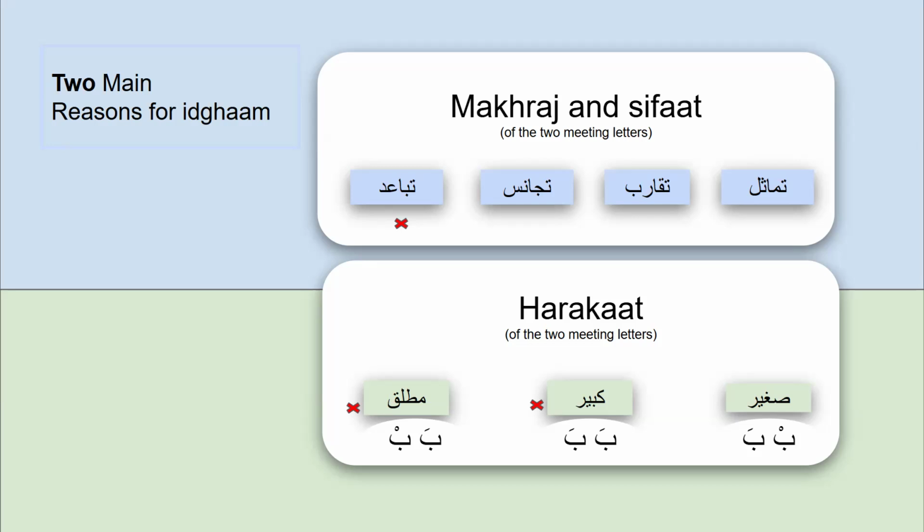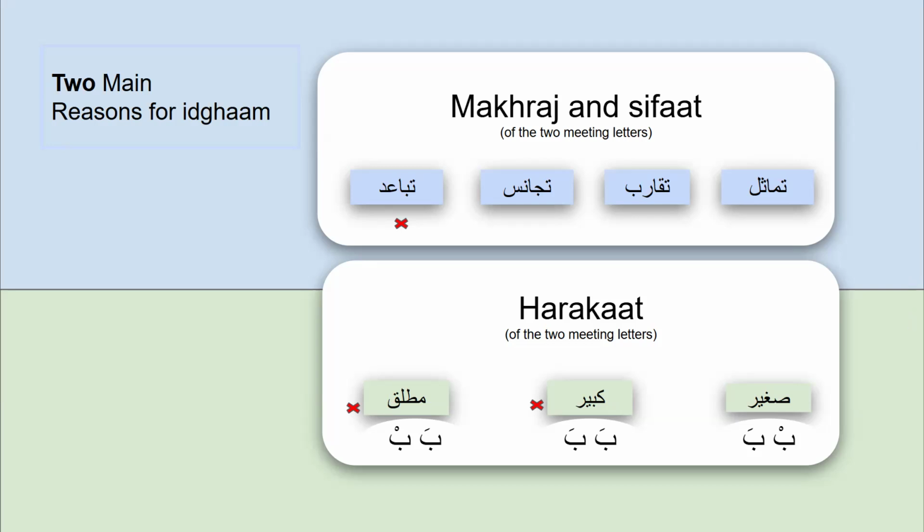In fact, in any riwayah, the two meeting letters in a mutlaq relationship, there is no idgham. And for the kabir, as an usul again, Imam Hafs does not do idgham. There are few places where idgham is done, but that is done within the script, within the writing style of the Quran itself.